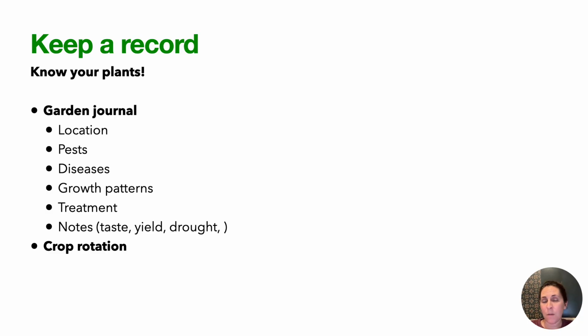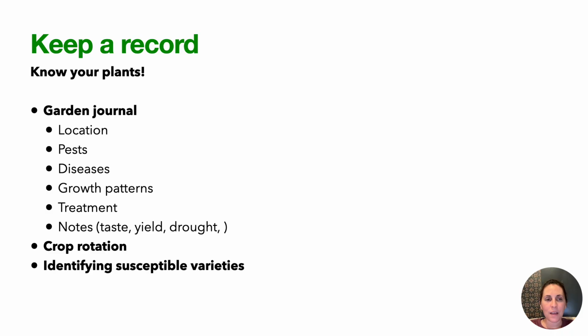Some pathogens may not overwinter, but many of our pests are actually quite capable of overwintering in the soil. And so you don't want to have things like cabbage worms affect the cabbage one year and then plant cabbages the next year in the same spot and have your whole crop wiped out at the very early stages.